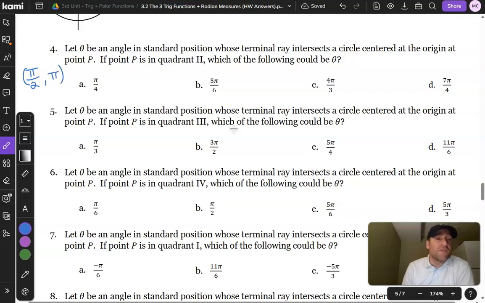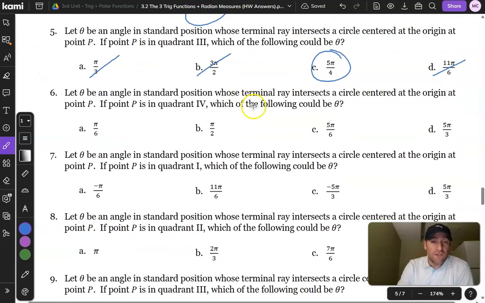So we're looking somewhere in that interval, and I see that one works, and that's it. Quadrant 3 for number 5. That one is at the bottom of the circle. Again, it's neither in quadrants 3 or 4, but right in between. Pi over 3 is in quadrant 1. There's 5 pi over 4 and 11 pi over 6. We just saw 11 pi over 6 is in quadrant 4, so that one right there is in quadrant 3.